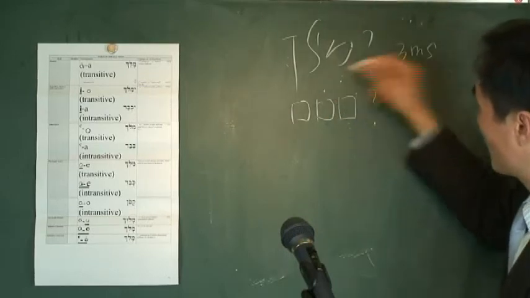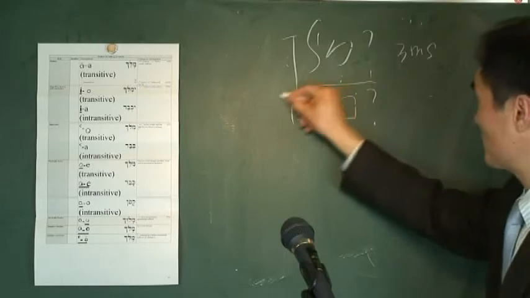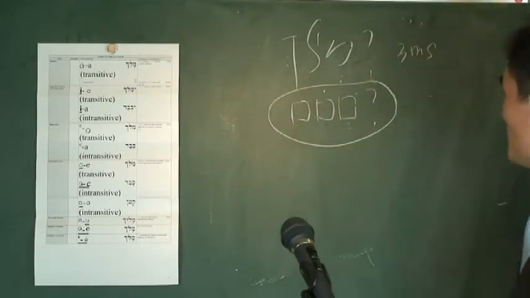We will write yi, which is made up of yod and hirek, and we will put holem above the second consonant. This is the imperfect third-person masculine singular form of the kal verb.